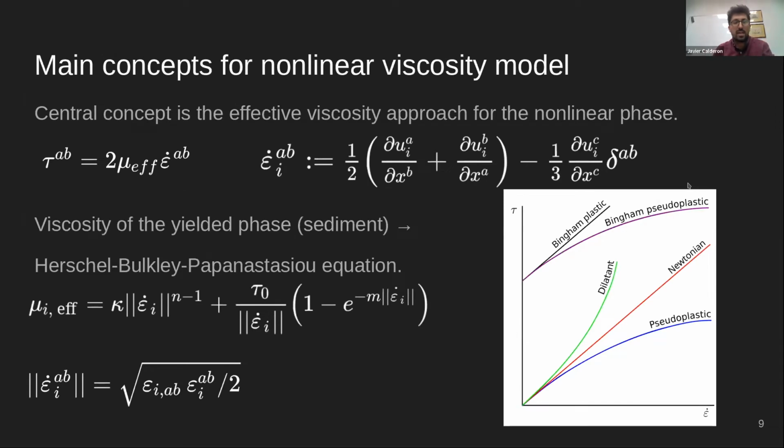And for that, the central concept that we use is the effective viscosity approach. And this is valid both for linear and nonlinear phases, which is interesting because it made it possible to make the model as general as possible, which is a desirable thing that we wanted to achieve, because we are going to mix some linear dynamics and nonlinear dynamics.